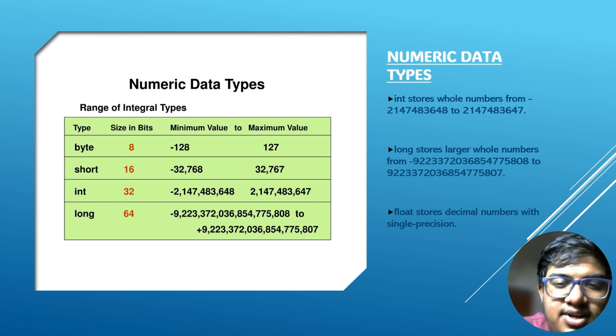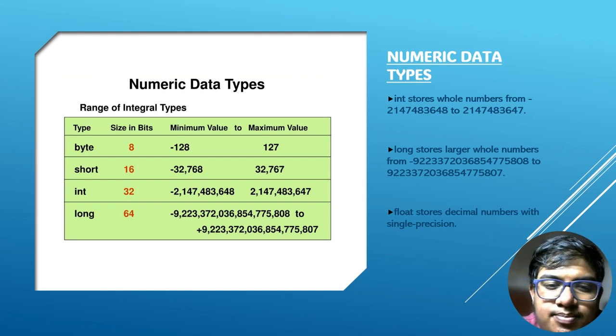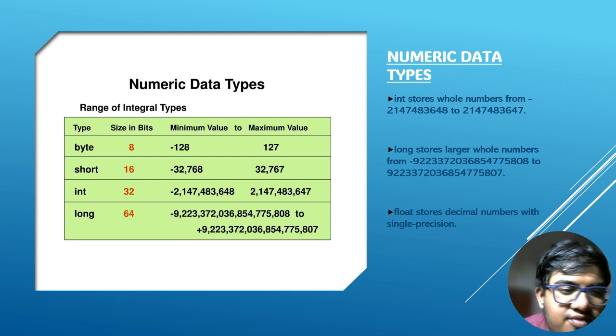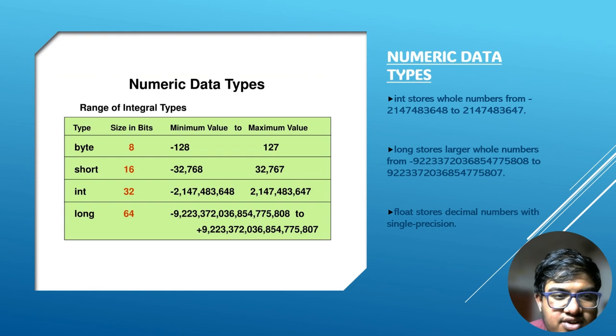And the float stores decimal numbers with single precision, or let's say accuracy. Again, you can infer from the photo here. As you can see, int gives 32 bits of size, while long has 64 bits, not bytes, bits.